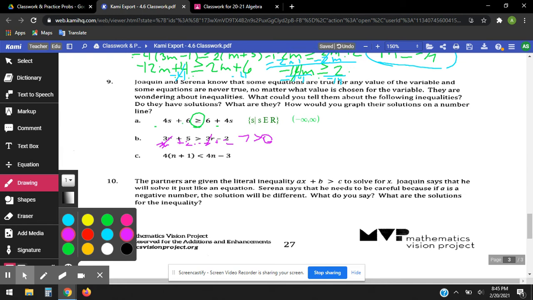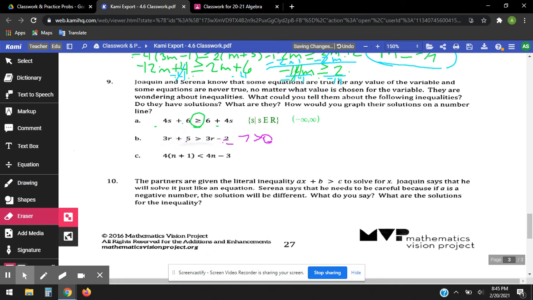So any number, if I add 5 to one side and I subtract 2, 3r is going to be the same no matter what, right? Adding 5 is going to be bigger than subtracting 2.